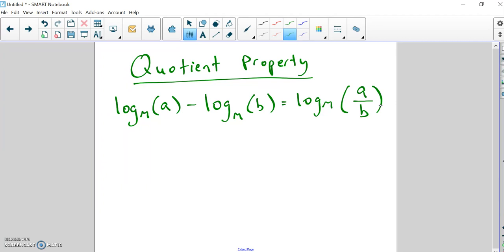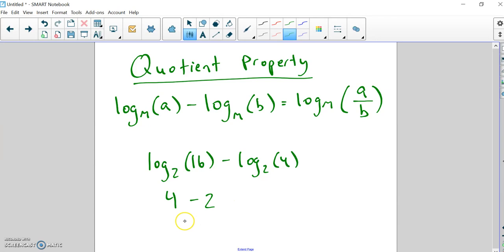We can check this the same way we did on the last problem. If you had something like log base 2 of 16 minus log base 2 of 4, 2 to the 4th power gives us 16, so the answer to this would be 4. And 2 squared gives us 4, so the answer to this would be 2.